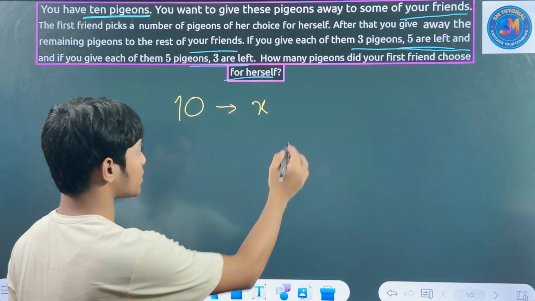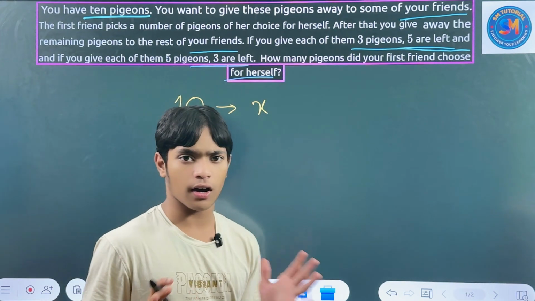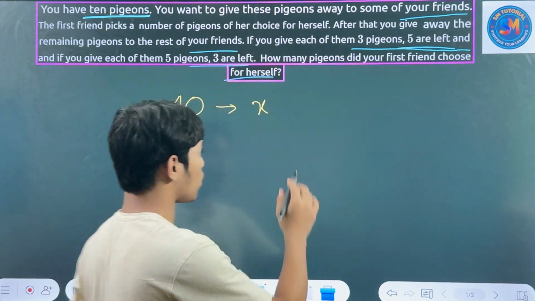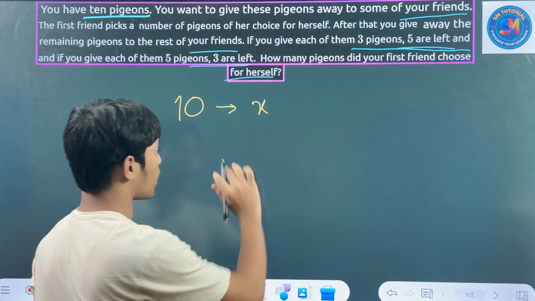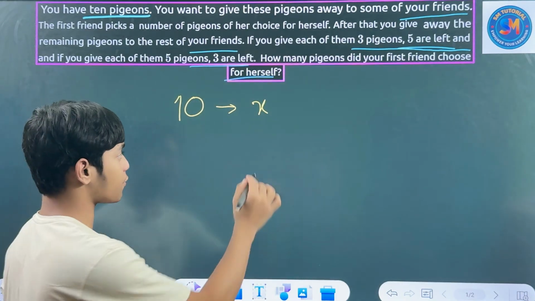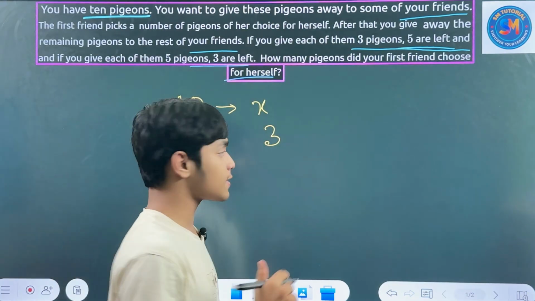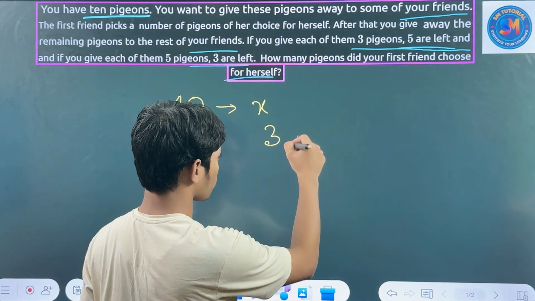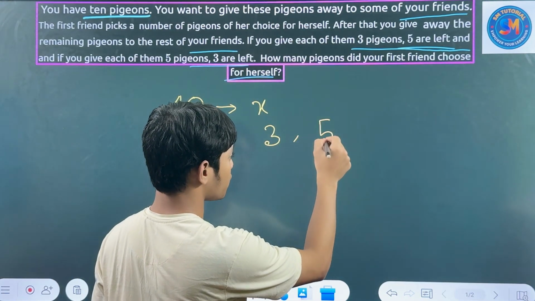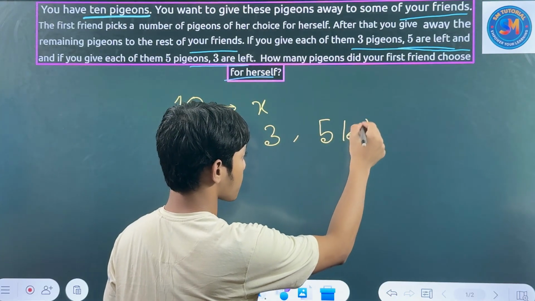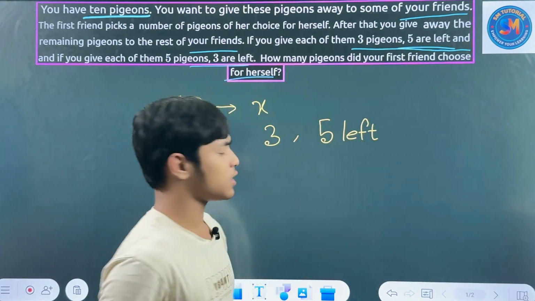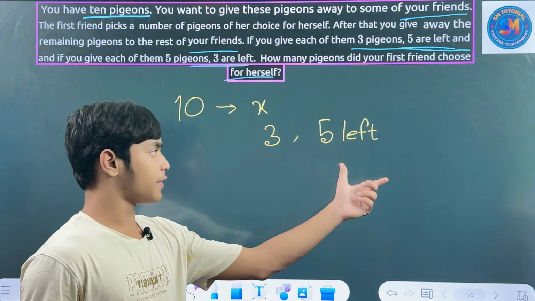After that you have some peasants left, and then you gave another friend 3, and 5 are left.